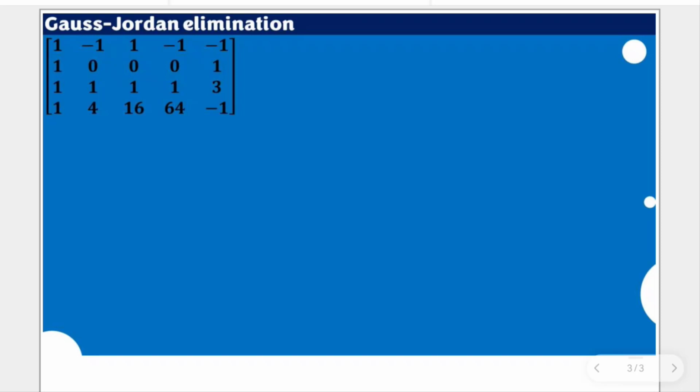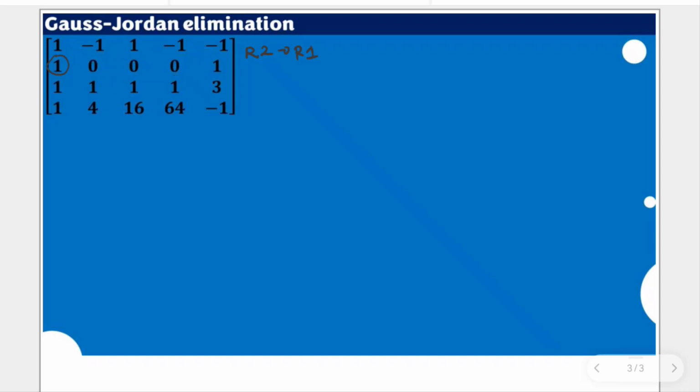I am proposing to use row 2 as our new row 1, because when you look at our second row, we already have a leading 1 and we have the next as 0, so it would be easier for us to use that as our first row and apply row operations with that.